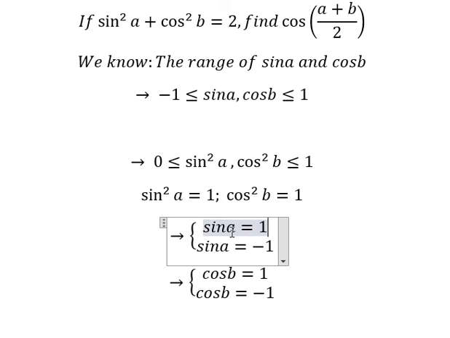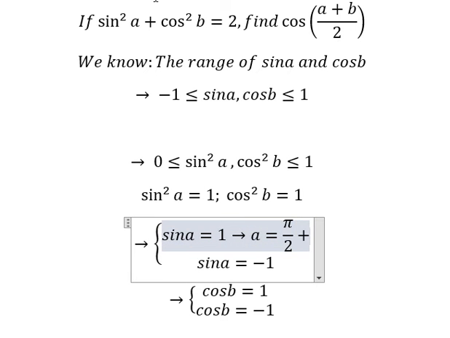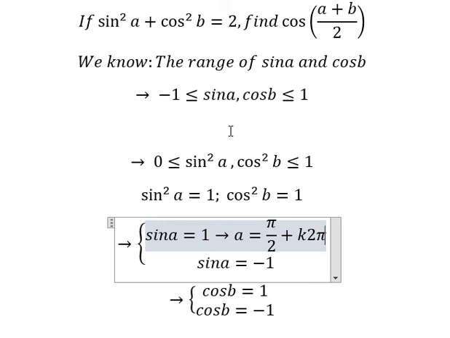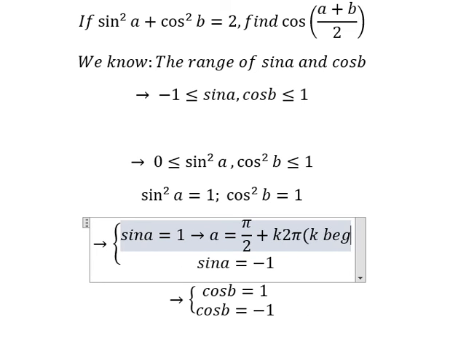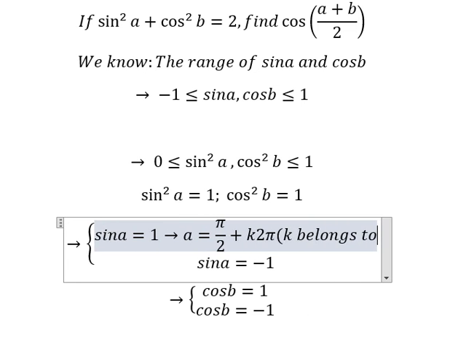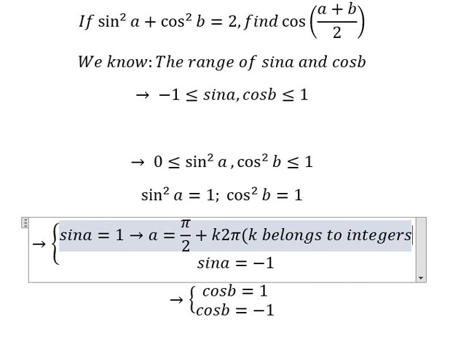Now for sine a equals 1, we know that a should be pi over 2 plus k times 2 pi, this is about one circle of trigonometry, and k belongs to the integers.